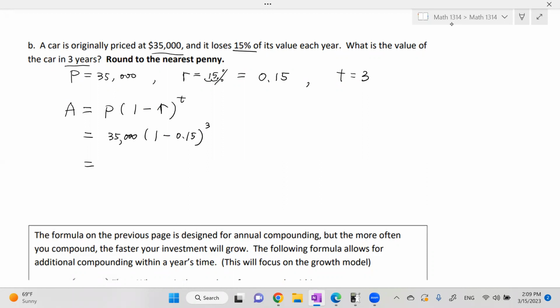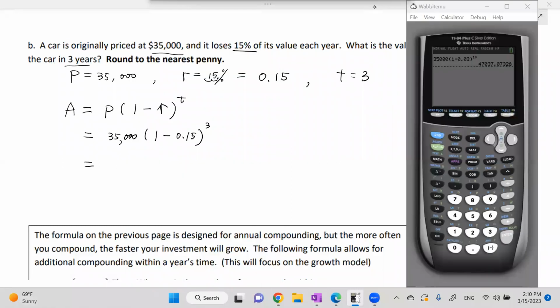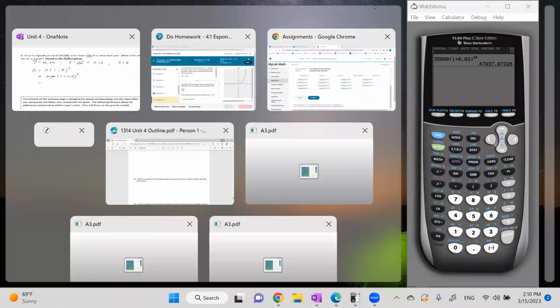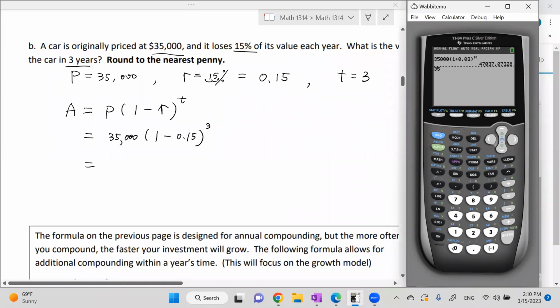Let's use the calculator. 35000 multiplied by (1 minus 0.15). Close the parentheses, click the caret sign or the exponential sign, put 3. Move the cursor to the regular position, hit enter.